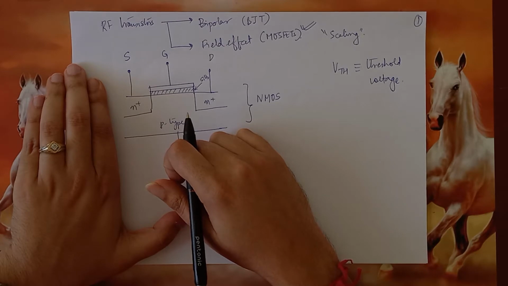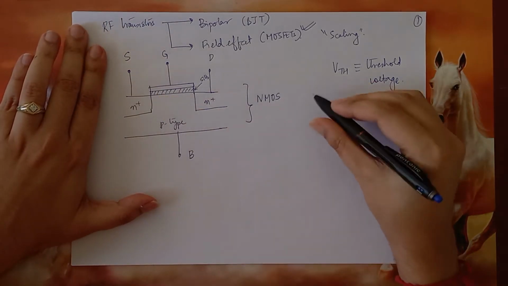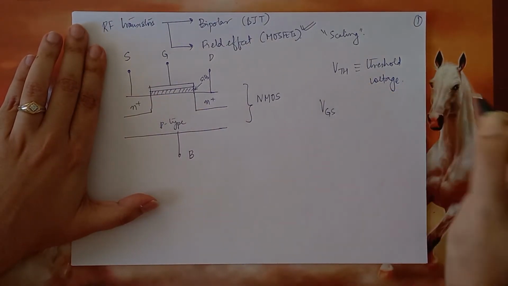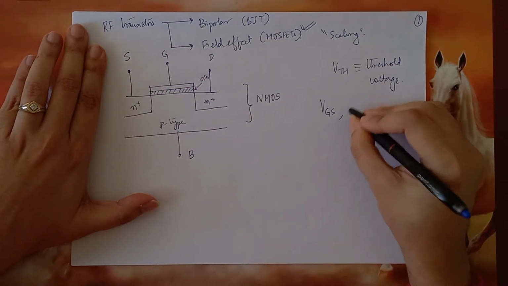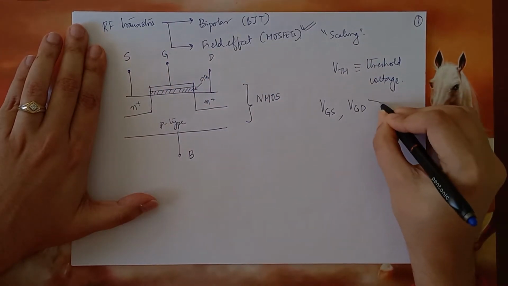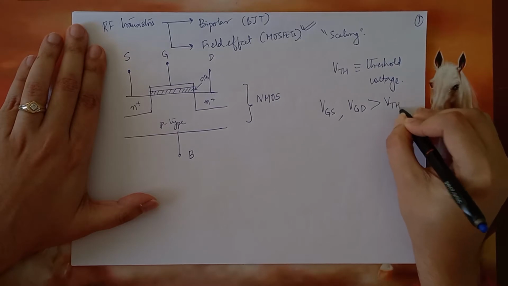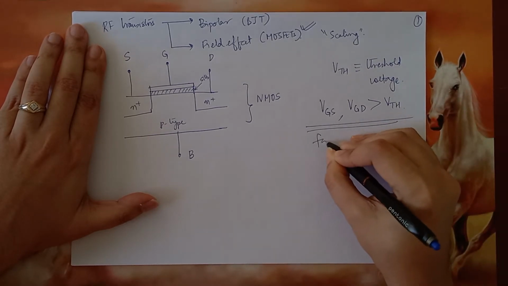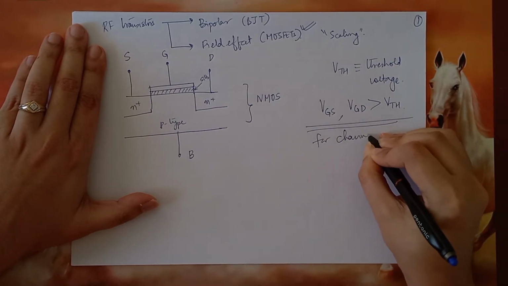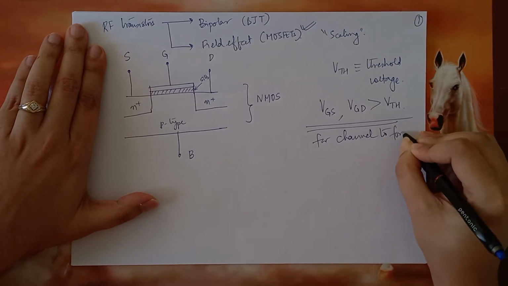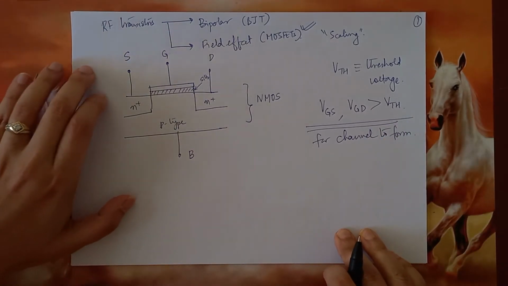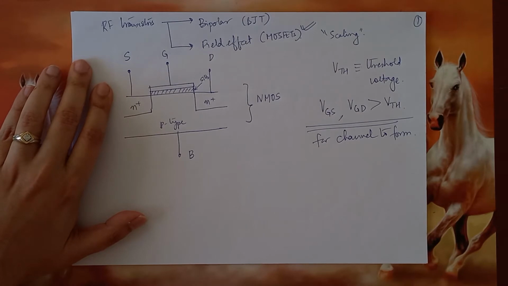So effectively, for the channel to form, both the gate to source voltage and the gate to drain voltage must be more than VTH for the channel to form, right? So this is the bare minimum requirement.